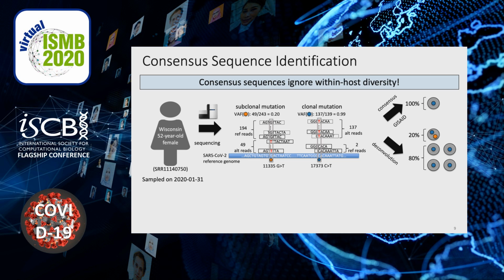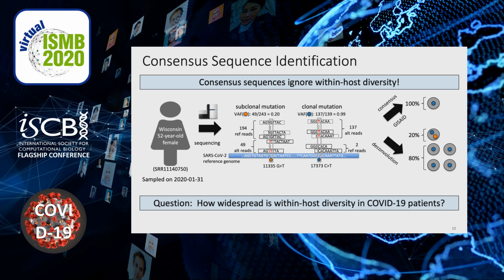To uncover the underlying strains in the sample, one can perform deconvolution of the mixture to generate strains and their proportions for the given number of reads. And we are interested in finding out how widespread is within host diversity in COVID-19 patients. And can we say anything about the individual viral strains that are present in these patients?